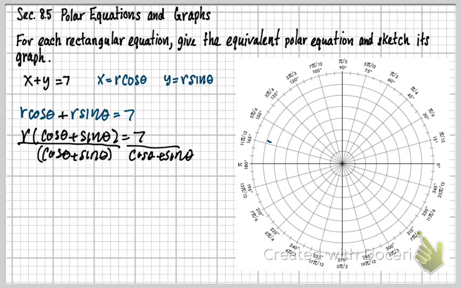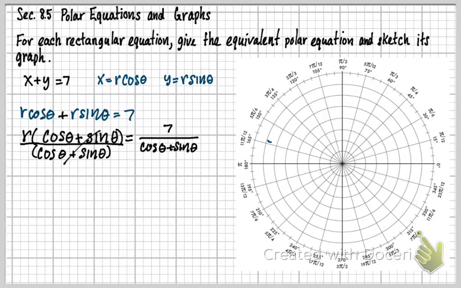Like this. So those cancel each other out, and I end up with r equals 7 over cosine theta plus sine of theta. So there it is. That's what our first part asks us to do, to find this equation here.